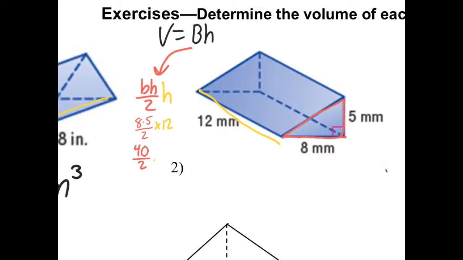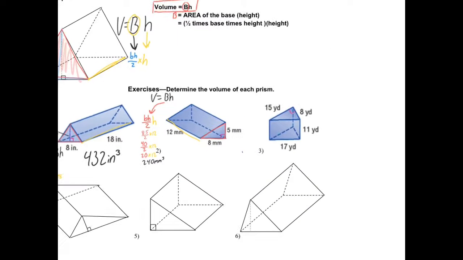Again, we have to do that times 12 when we're finished. 40 divided by 2 is 20. We still have to do that times 12. And then 20 times 12 is going to be 240. That'll be 240 millimeters cubed. So again, our final answer here is going to be 240 millimeters cubed.